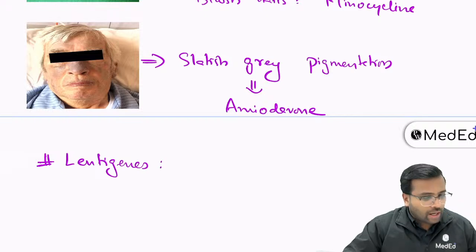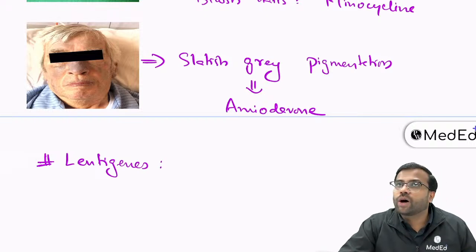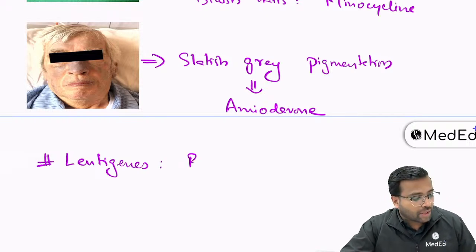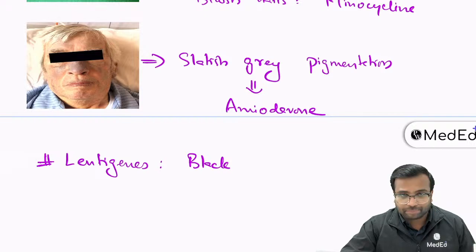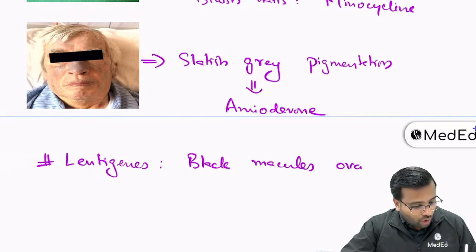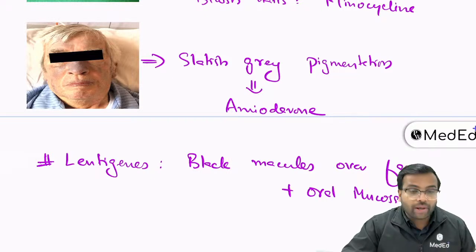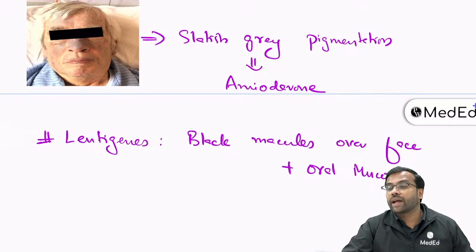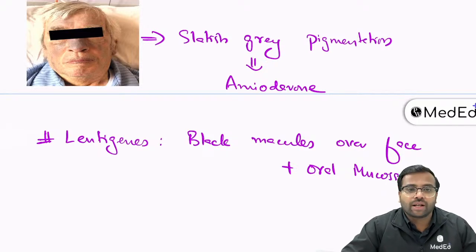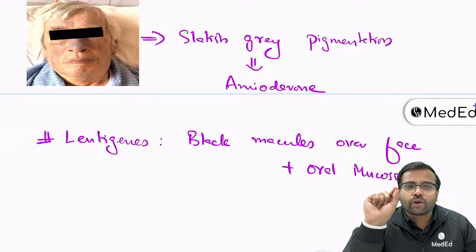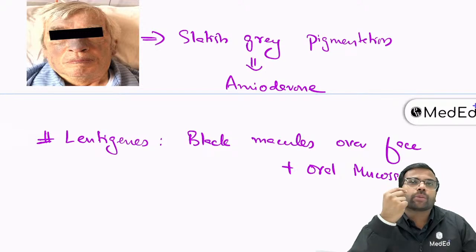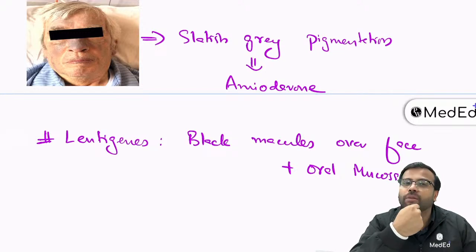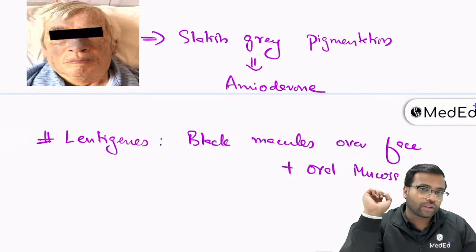Lentigines. Now in lentigines, usually the patient can present to you with black macules over the face along with the oral mucosa. Probably you will learn this along with your surgery as well. Multiple macules, meaning small lesions, so multiple blackish or dark brown colored spots will be there over the face.